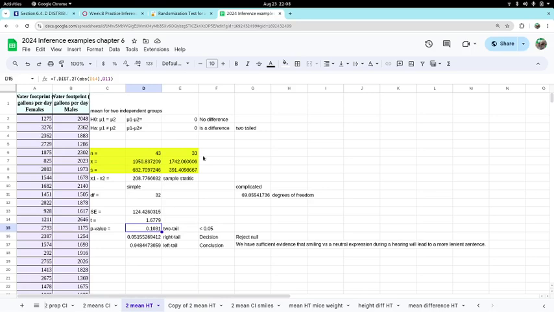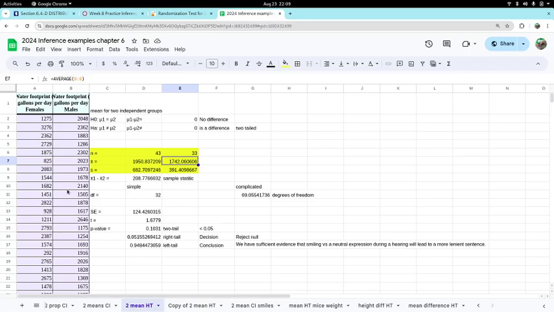So for this data set, even though the females have a larger mean water usage than the males, given the sample sizes, they're not different enough to say it could be other than 0. Why? Well, here I have 43 females and 33 males. There's a lot of males and females in the US.